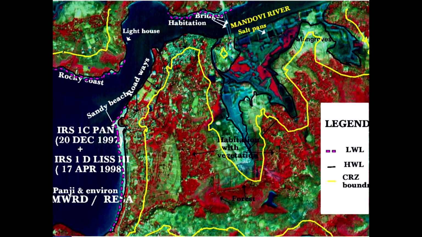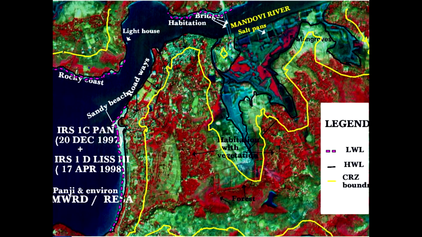But afterwards, various other committees came up to modify the CRZ concept, like the Swaminathan committee and, latest, the Solis committee, where they incorporated concepts like coastal vulnerability. It is not that everywhere it has to be 500 meters. Based on coastal vulnerability, we can do mapping of the areas which are not vulnerable at all.